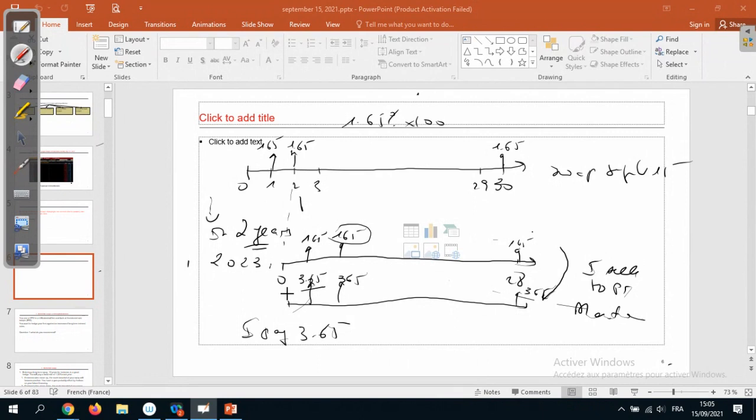If you want to buy my swap, you have to pay 2% each year, because if you don't buy my swap, you pay 3.65%. If you buy my swap, you will pay 1.65%. But you have to pay me 2% per year.